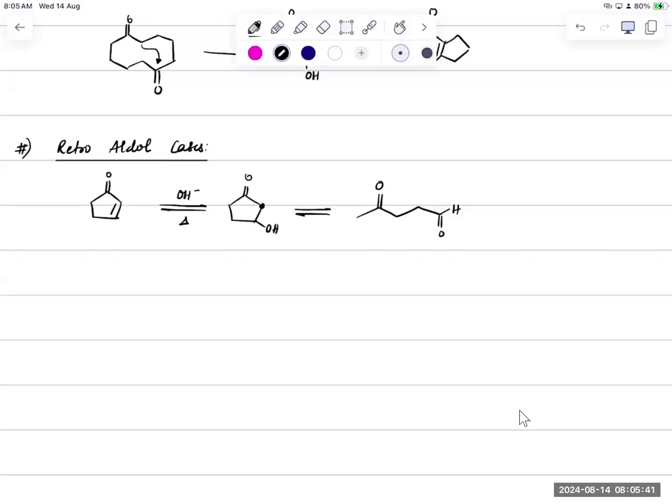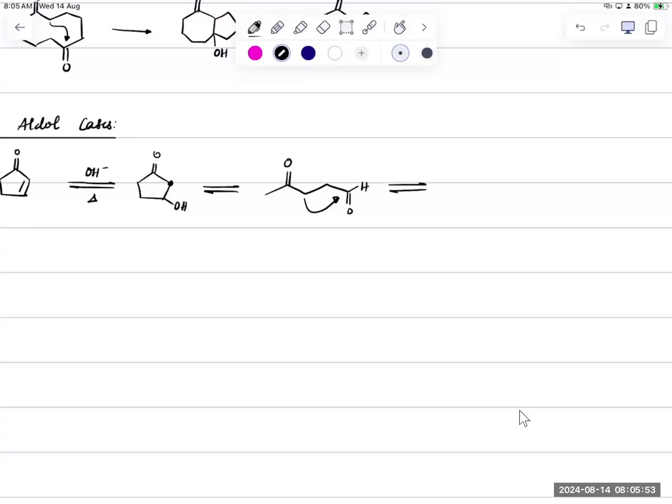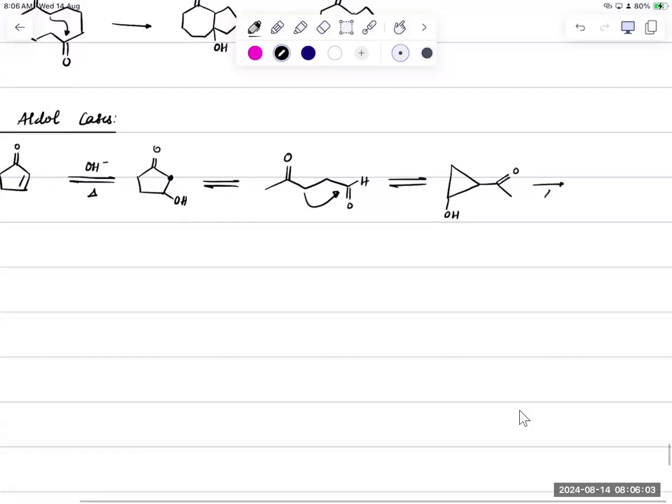Now what you do, instead of attacking from this end, from the third position you attack. If you attack from here to here, we'll get another type of aldol. This time the aldol will be like this, a 3-membered ring with double bond O with OH, right? And this on heating, we will get a double bond here with double bond O here.